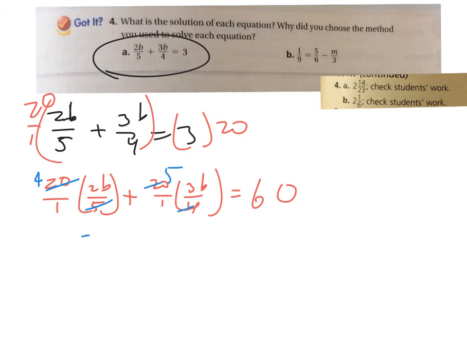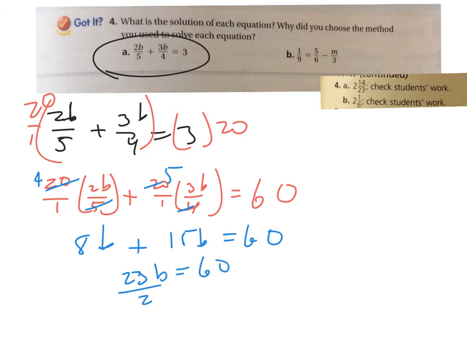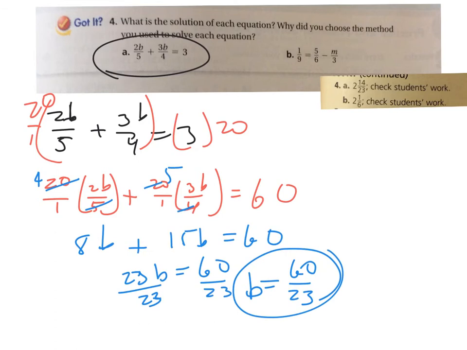So 4 times 2 is 8b plus 15b equals 60. 8b and 15b is 23b equals 60. Divide off that 23, and b we find is 60 23rds, which is the same answer given up here.